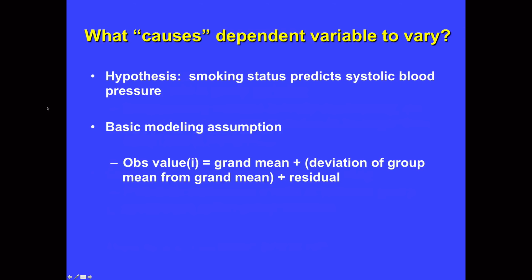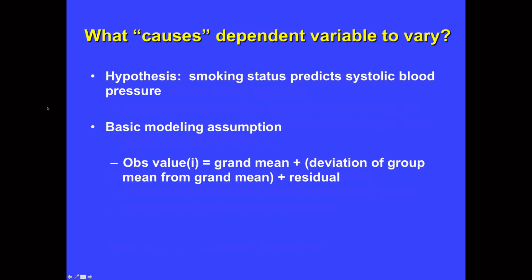So in this context, we're trying to think about what actually causes, or at least predicts or is associated with variation in some dependent variable. So in this particular lesson, let's talk about an example where we think of smoking status predicting systolic blood pressure.